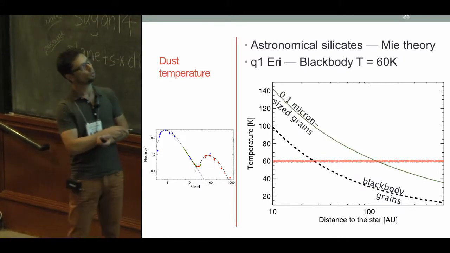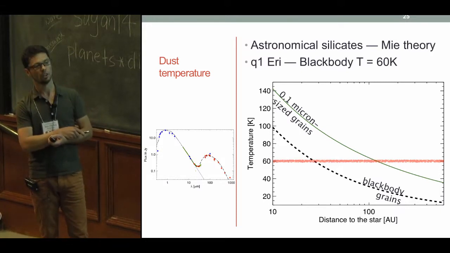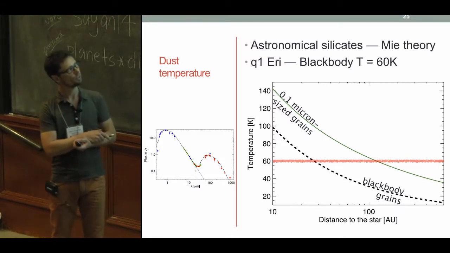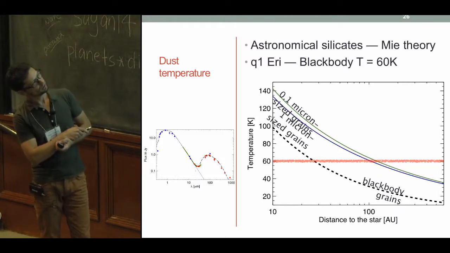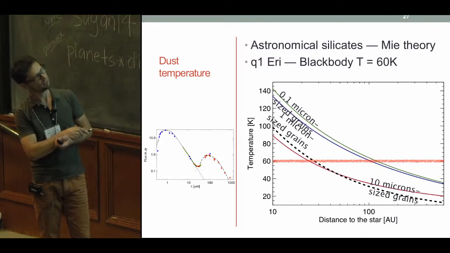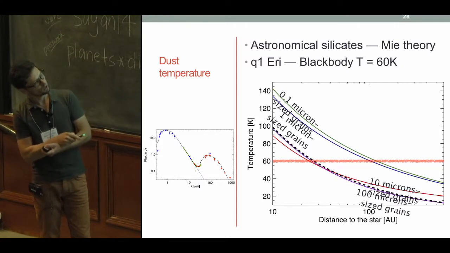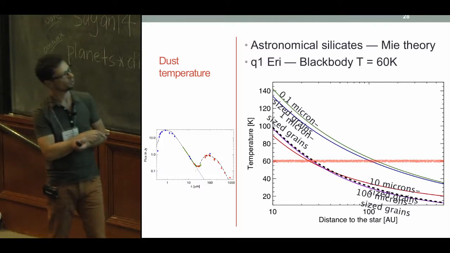Okay, so for 0.1 micron size grains, this is the curve that you get. So you see that it is hotter than the Blackbody grains because these very tiny grains do not emit very efficiently at long wavelengths. This is for 10 micron, 1 micron. This is for 10. And this is for 100 micron size grains. And you see it is more or less matching the Blackbody temperature.